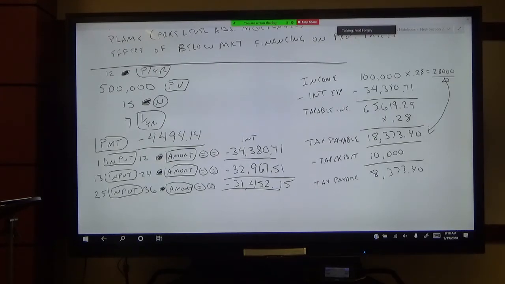And to try to come up with ways to incentivize developers to do projects in these areas that would ordinarily not draw their attention, because maybe the raw economics may not be there relative to some other part of the city or part of the state or whatever it might be.